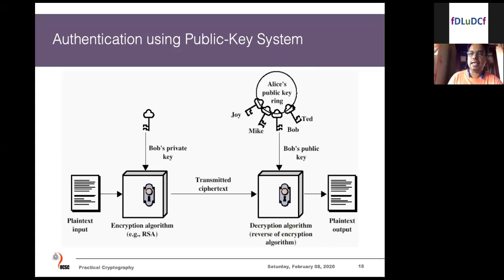However, it has the most important security scenario, what we call authentication. Why? Data encrypted with the private key of Bob can only be decrypted with the public key of Bob, not with some other key. For example, if Bob encrypts it using his private key, then Alice decrypts it using the public key of Bob, not the public key of Mike or George.